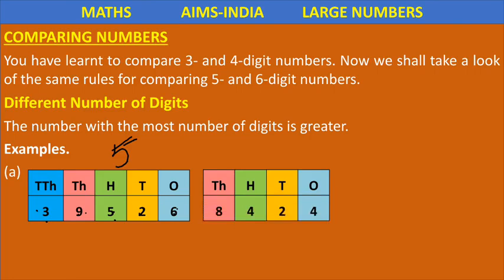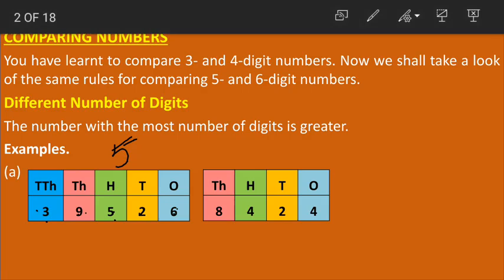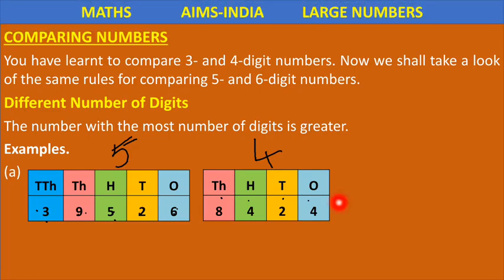The next number has how many digits? The next number has 4 digits, 1, 2, 3, 4. And the number is 8,424. Now if I ask you to compare both the numbers and say which is the greater number here, which is the greater number children?